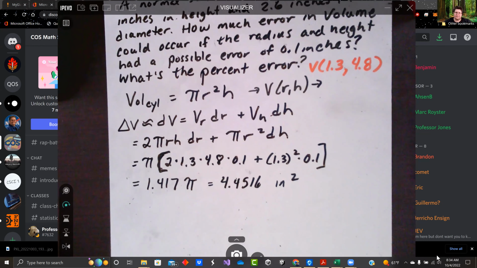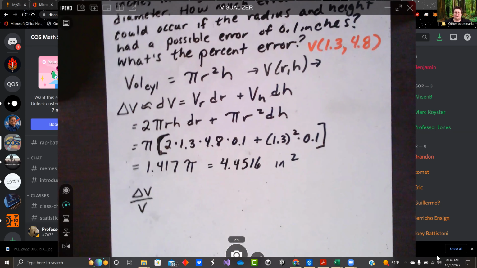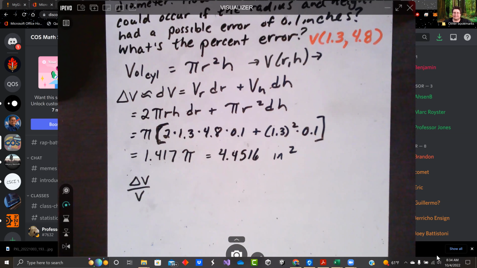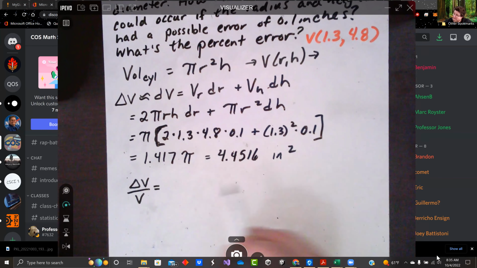How do I calculate percent error? Well, we gotta multiply by 100. Is it your estimate over your actual value, or your actual value over your estimate? It's the error over the actual value. That's pretty good.